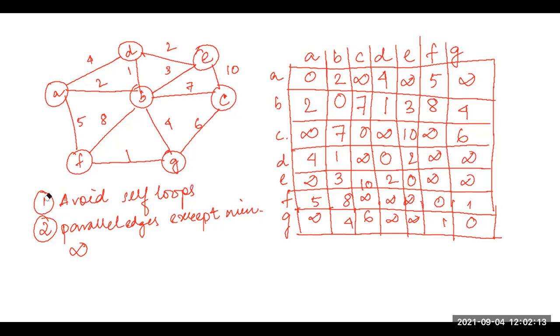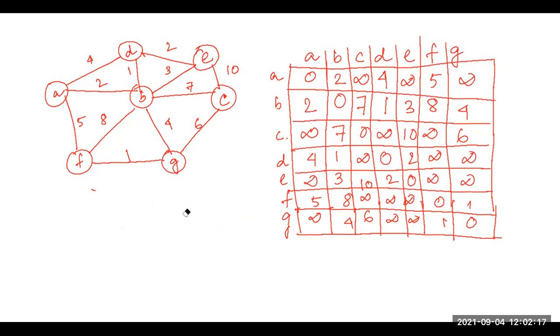Clear? Now what I will do, I will go edge by edge. So I will start with the first row, and row by row I will go. And the concept is I will always select the minimum from that row except 0. And I will have to check in which column that falls.